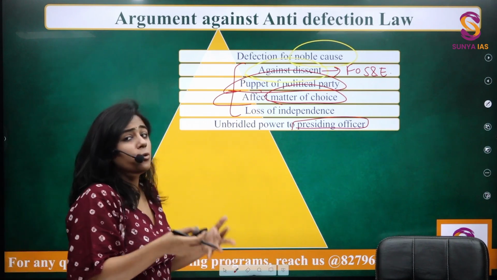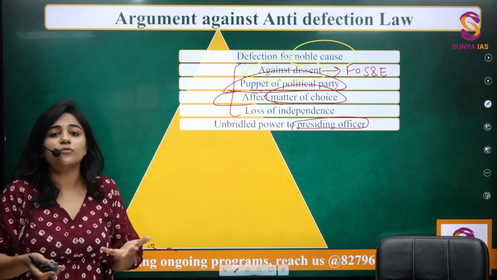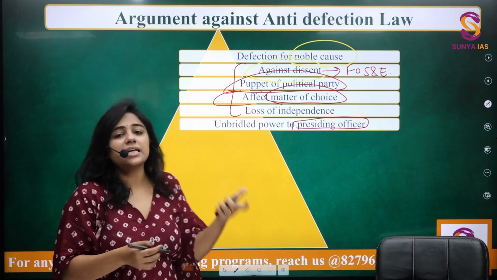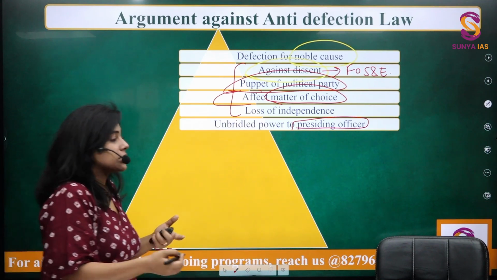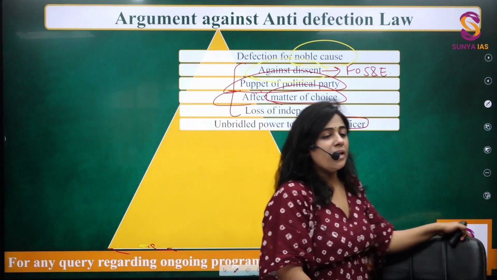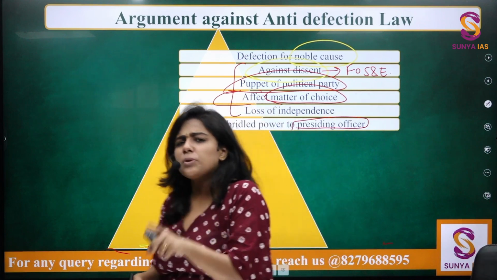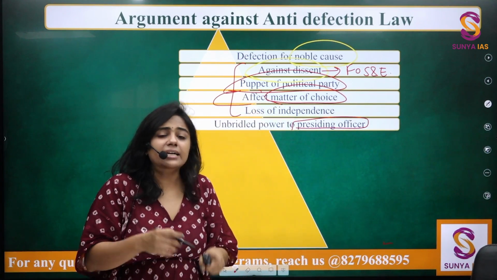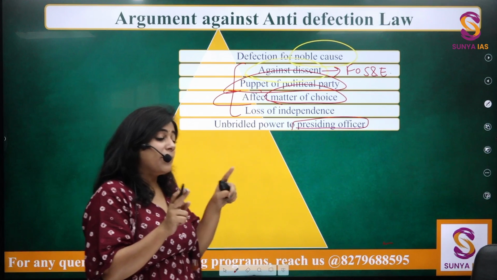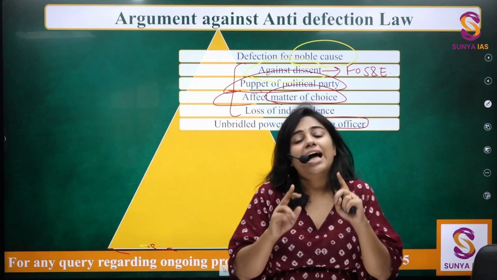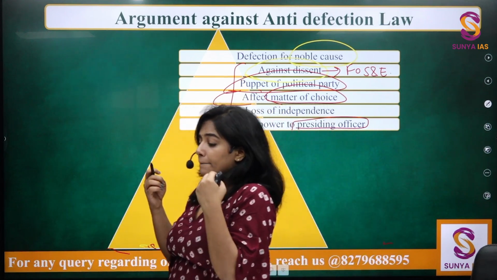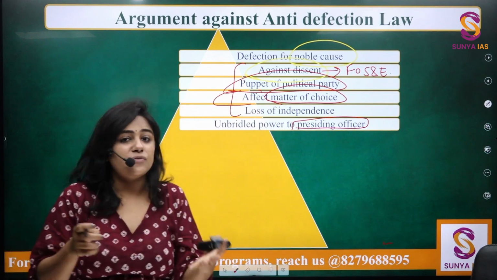So how fair is that? That is not fair. And that precisely was the argument of the Law Commission as well. That has been the argument of the Election Commission. That has been the argument of the Supreme Court of India as well. That there needs to be an independent tribunal which will decide whether this person has defected or not.